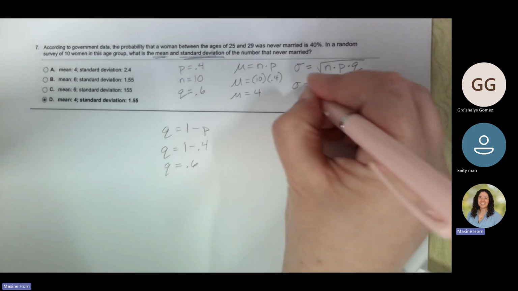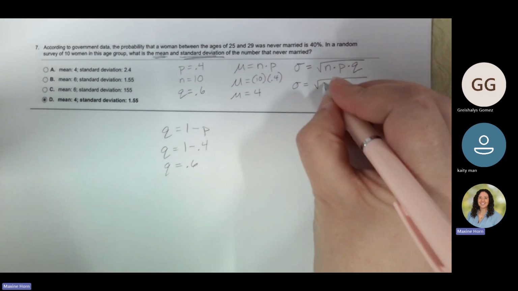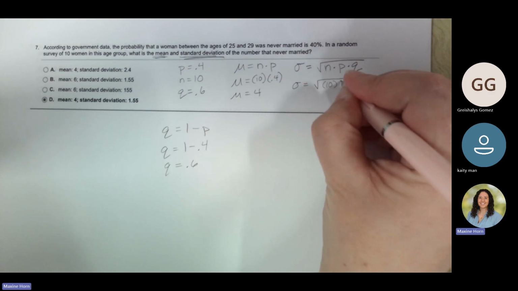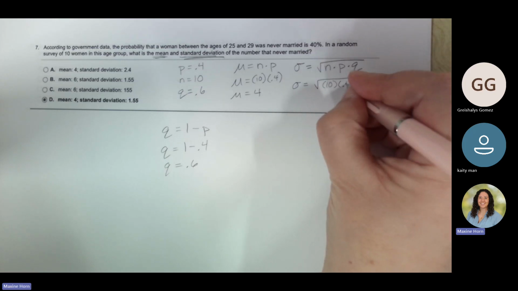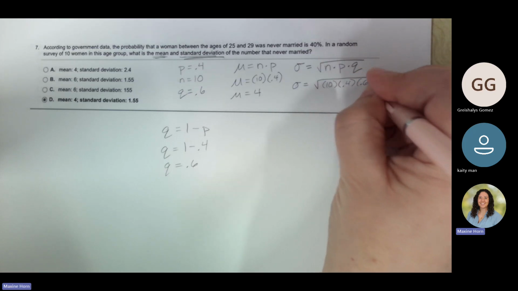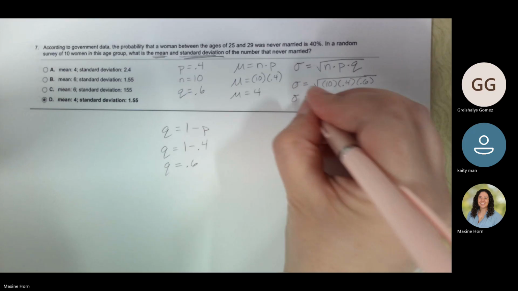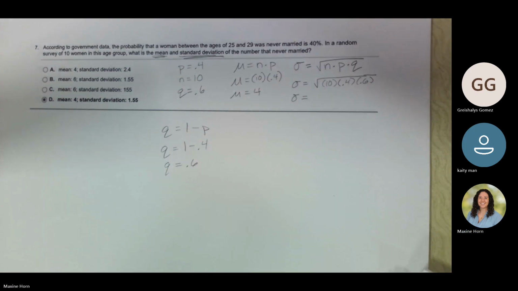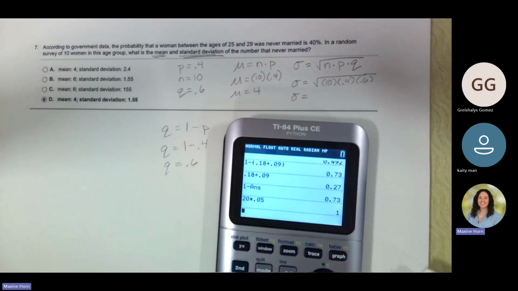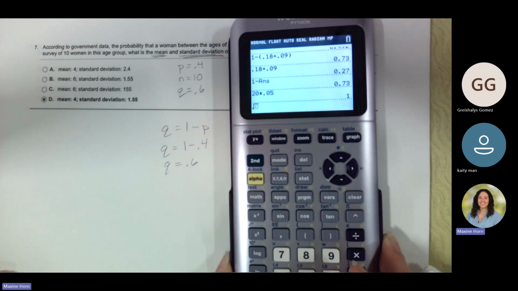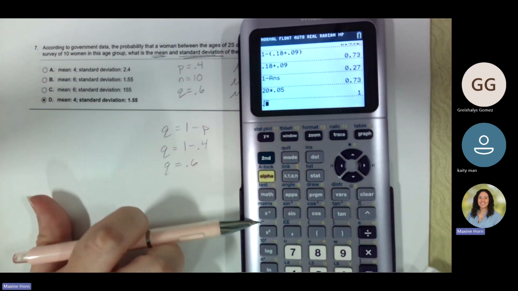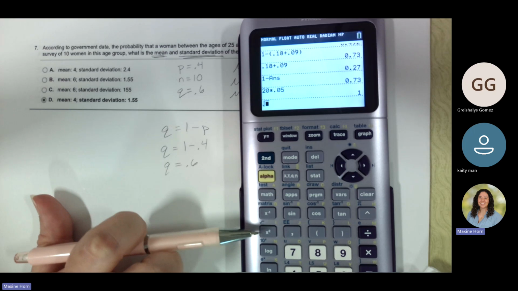And then for our standard deviation, we have an N of 10, a P of 0.4, and a Q of 0.6. So you can just plug that into the calculator, right? And just to make sure you know where your square root function is, it's right up here, above your square function.